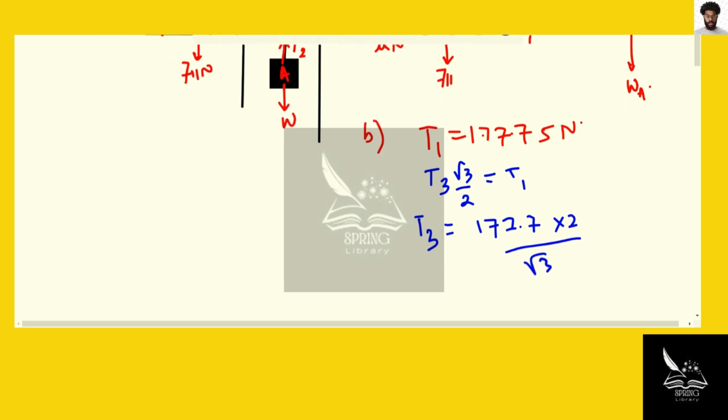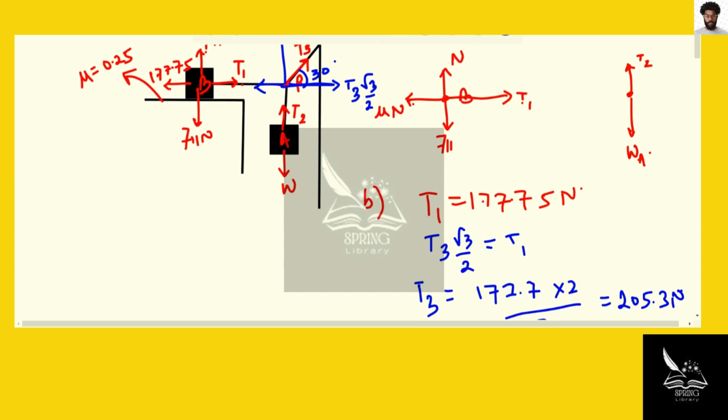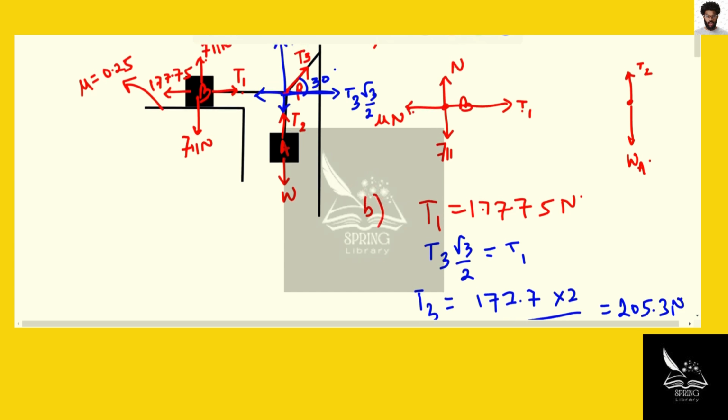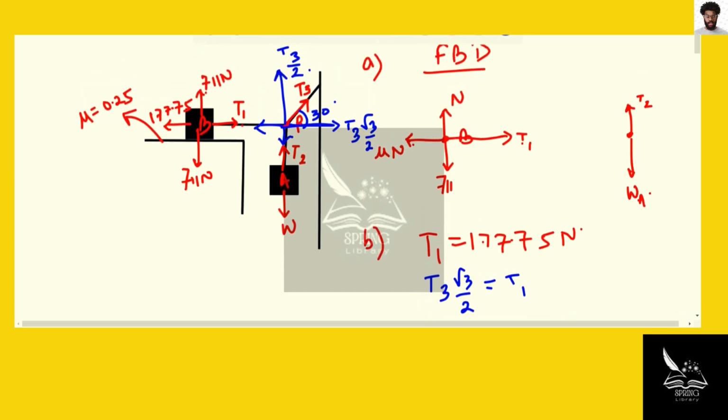When we multiply 177.75 with 2 and divide it by root 3, we get the tension as 205.3 newtons.